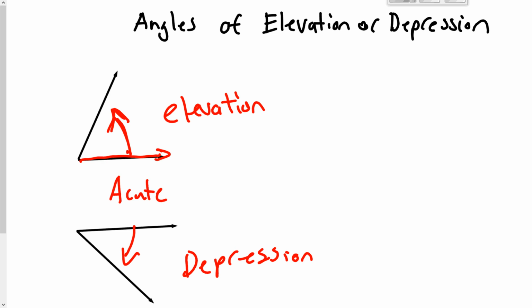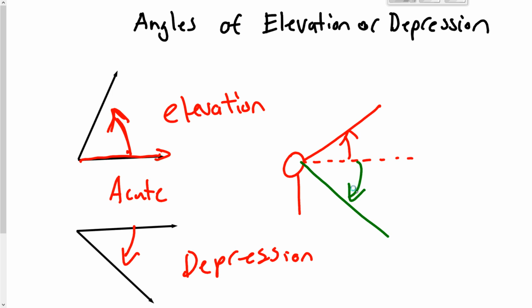Usually you have these in word problems, and sometimes it'll say angle of elevation from a horizontal, sometimes it's from line of sight. Line of sight just means it's a straight horizontal. This could be an angle of elevation, or if it's looking down, it would be an angle of depression.